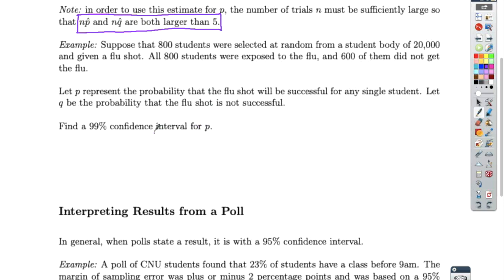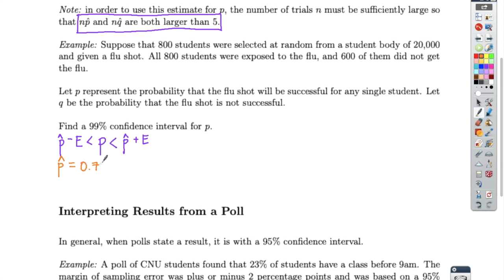Okay, so here we are. We're going to use this formula: P hat minus E is less than P, less than P hat plus E. Basically, P takes the place of mu. So in the same way that we never plugged in anything for mu, we're also never going to plug in anything for P. Okay, so from the warm-up, we know that P hat is 0.75.